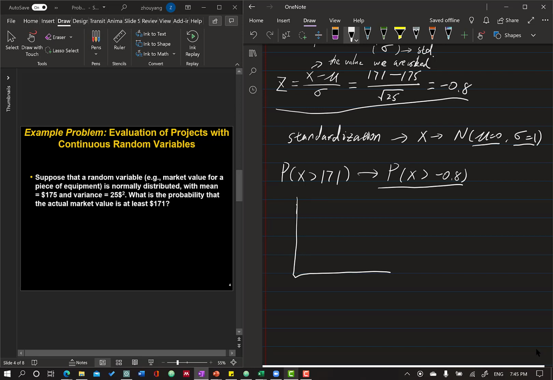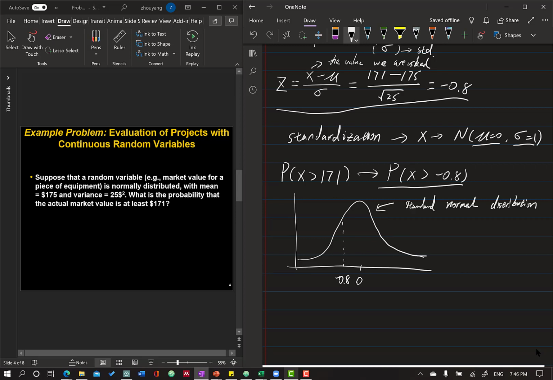Say we have this normal distribution with mean 0, and we have minus 0.8 here. The probability that x is greater than negative 0.8 is this area.